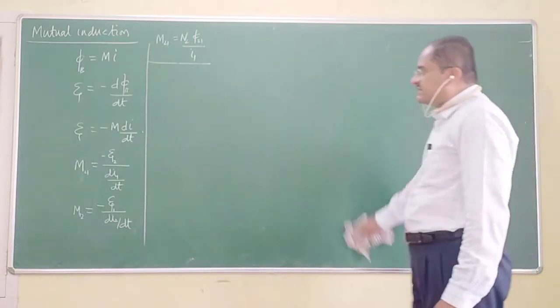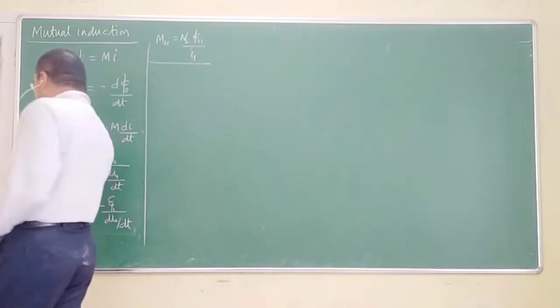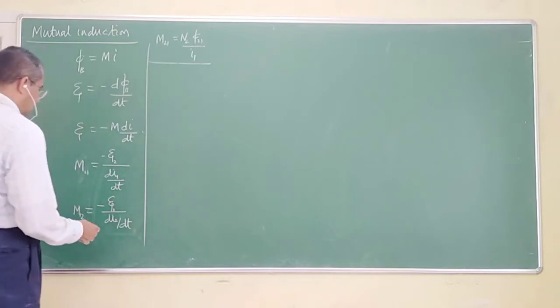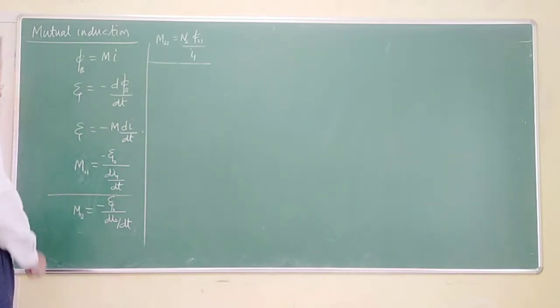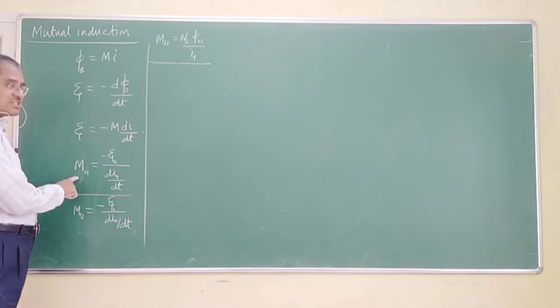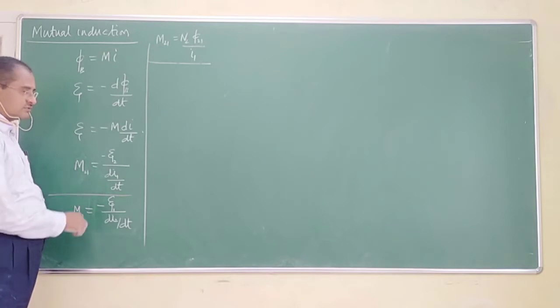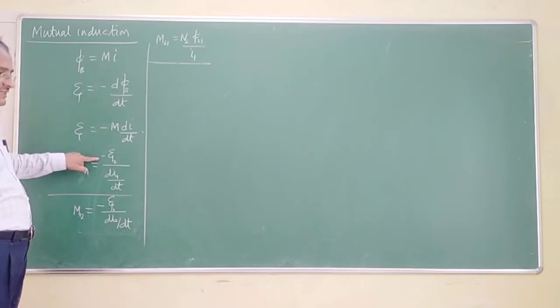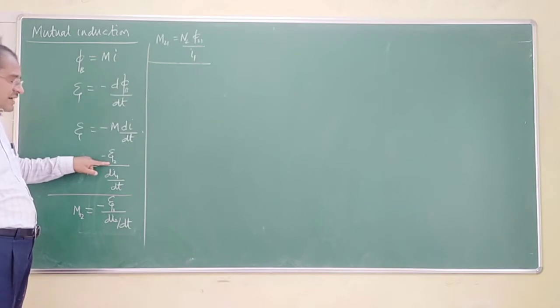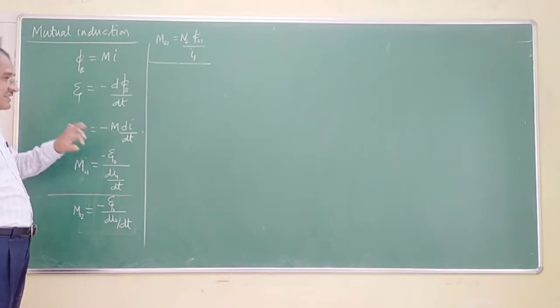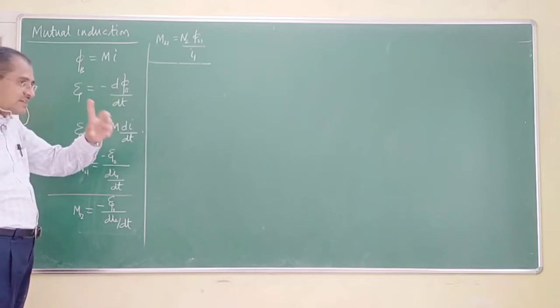From this expression, we can define coefficient of mutual inductance. Coefficient of mutual inductance of coil 2 with respect to coil 1 is equal to the opposing induced EMF produced in coil 2 when the rate of change of current in coil 1 is 1 amp per second.